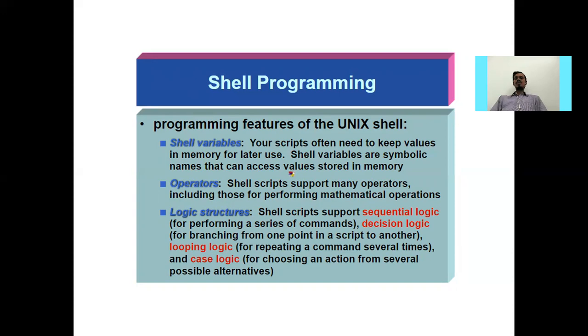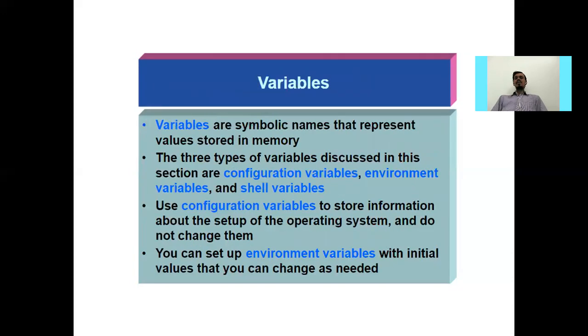At the end of this topic, variable. What is a variable? Variables are symbolic names that represent values stored in memory. These are the names to access the values stored in memory. There are three types of variables discussed in this section: first is configuration variables, second environment variables, and third shell variables.